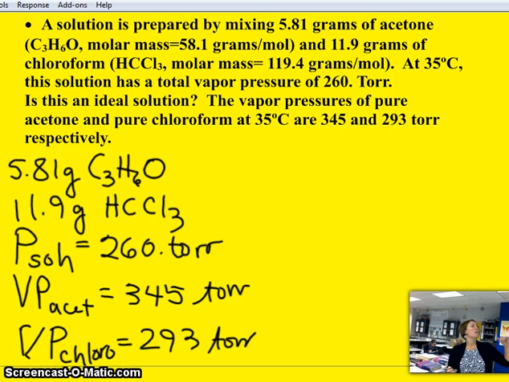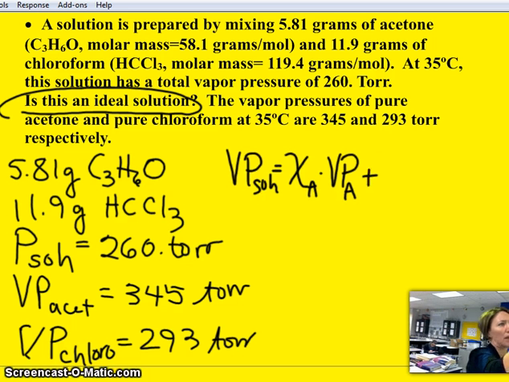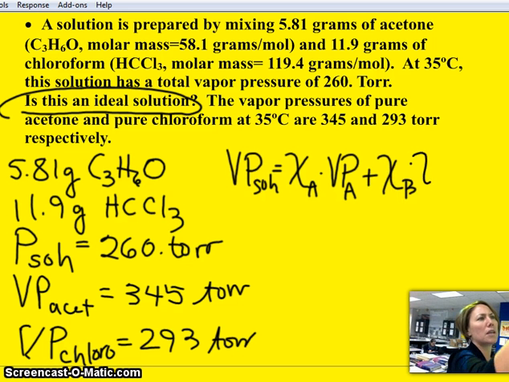And again, is this an ideal solution? The fact that they're asking that question leads us to that modified form of Raoult's law, where the vapor pressure of the solution is going to equal the mole fraction of component A times the pure vapor pressure of A plus the mole fraction of B times the pure vapor pressure of B.